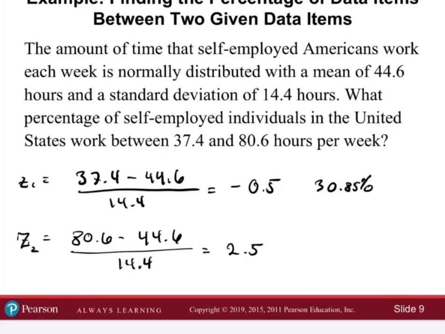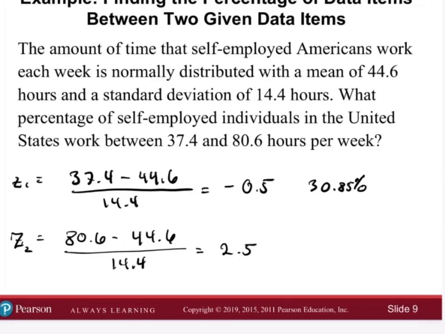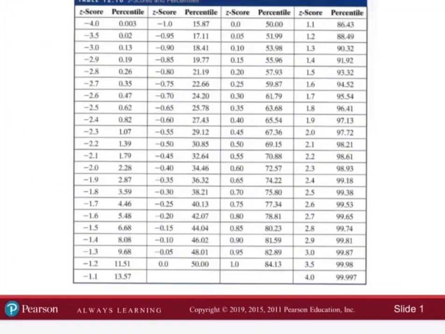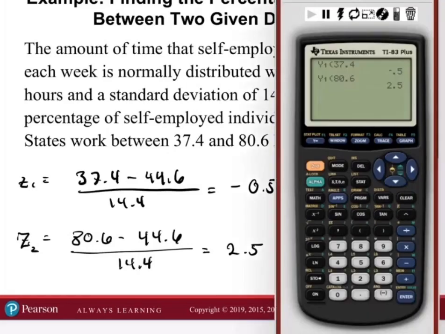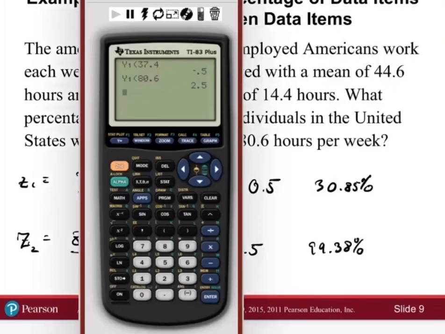Okay, so then the z-score of 2.5, right here, is 99.38% of the data. 99.38. Okay. So then all we're going to do is subtract the lesser from the larger to get the percentage of the data between these two z-scores.